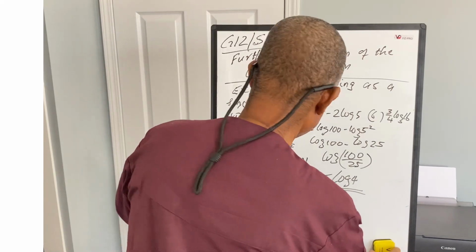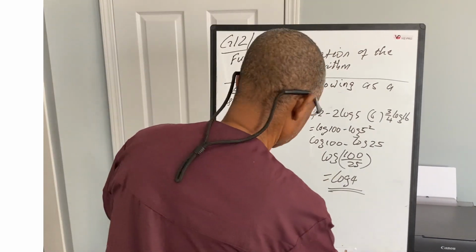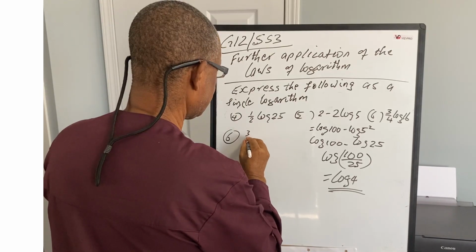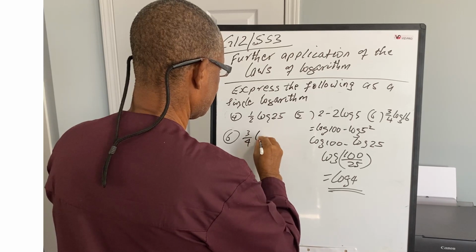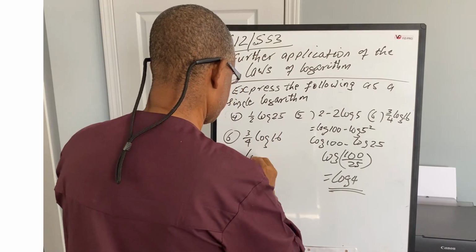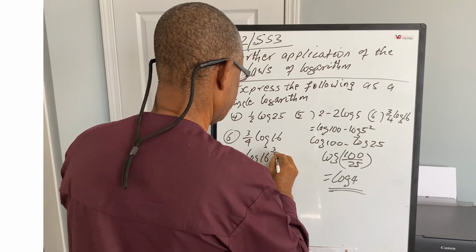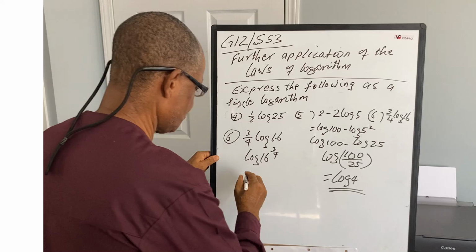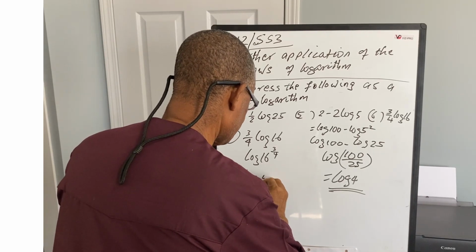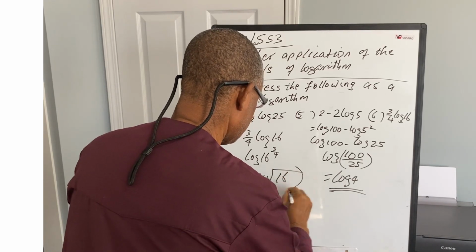For the next one, number 6, 3/4 log 16. This is log 16 raised to power 3/4. This will be log the 4th root of 16 all raised to power 3.